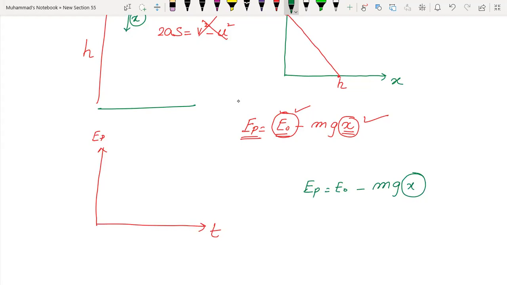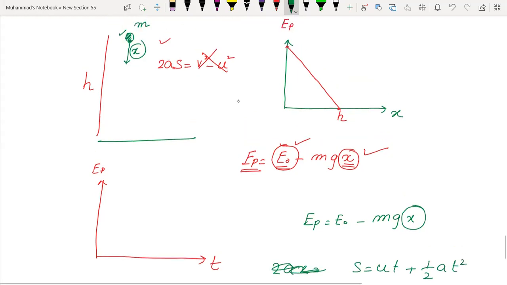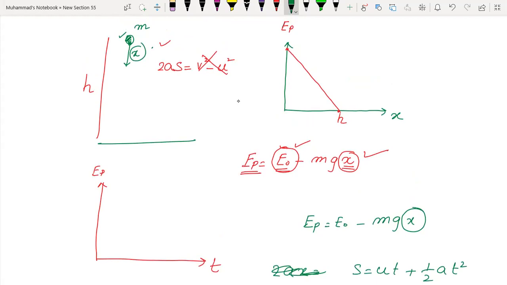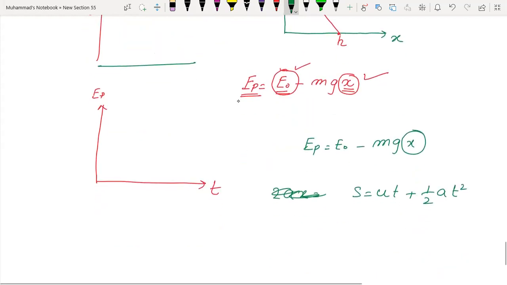You know that s is ut plus half at square. This distance x varies in this style. So u is 0, so distance x will be 1 by 2 g t square.